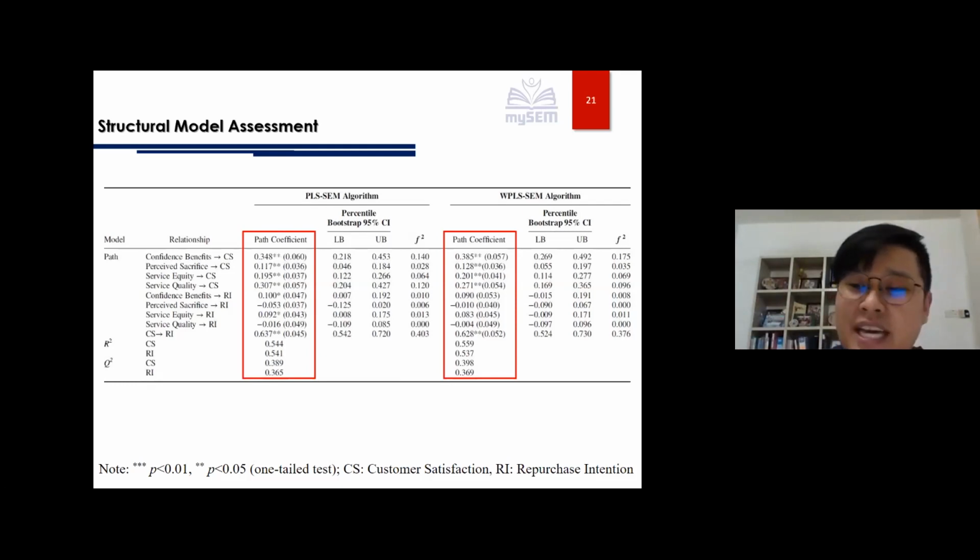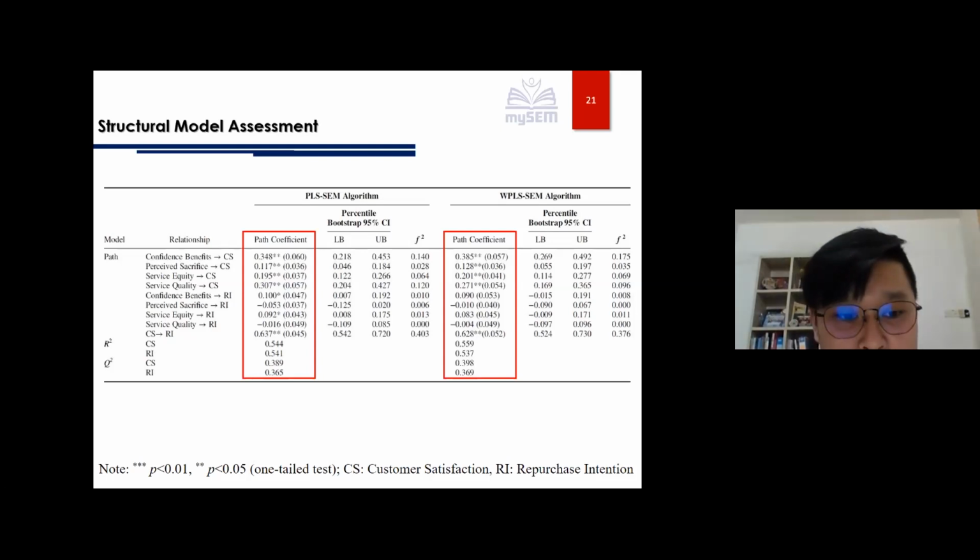Last but not least is customer satisfaction towards repurchase intention. As you can see in the results, if you use the PLS-SEM algorithm to run the traditional PLS without adjusting the weighted value based on the population and sample ratio, the result clearly shows that there are three significant results.